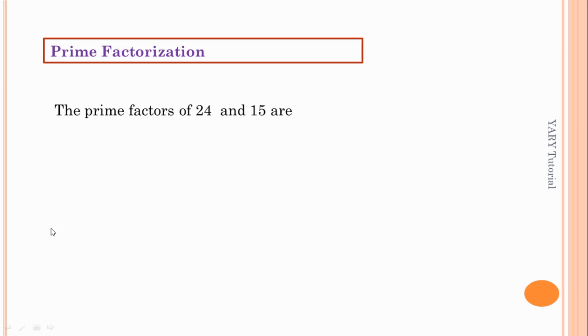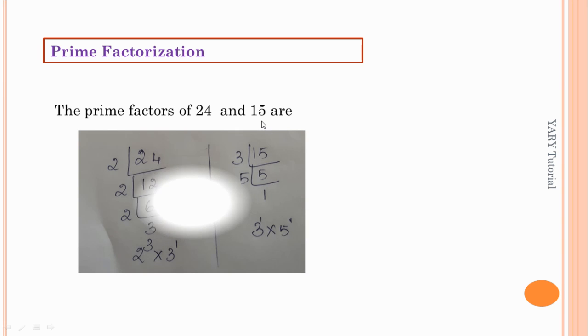Similarly, what are the prime factors of 24 and 15? The prime factors of 24 can be found like this. 2 twelves are 24. Again, 12 can be divided by 2 to get 6.